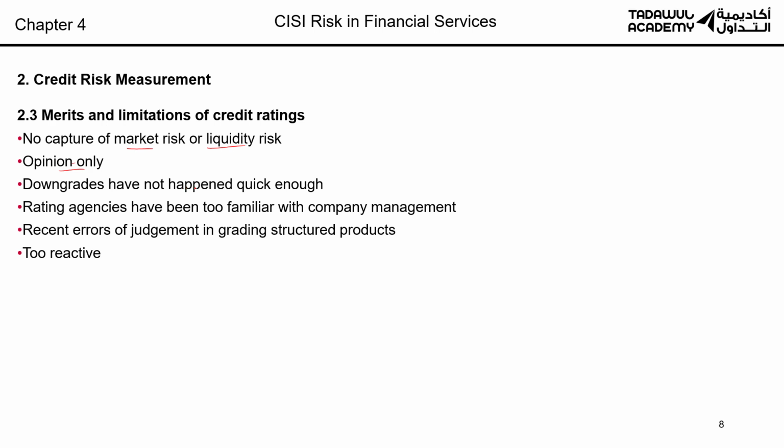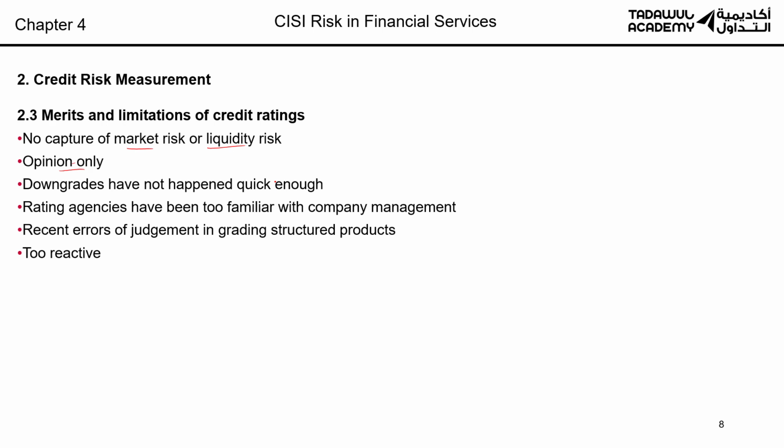Downgrades have not happened quick enough. I mean, if you remember Enron in the year 2000 or 2001, when Enron collapsed, Enron was bankrupt, but yet they still had a high rating. When these rating agencies were asked why, the usual answer is, we want to give companies time to recover.